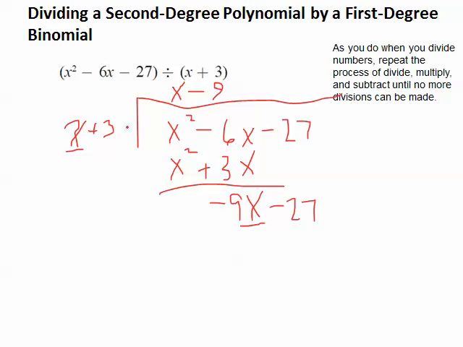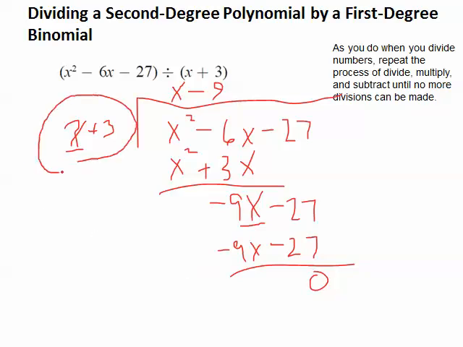When I multiply negative 9 times x, I get negative 9x, and when I multiply negative 9 times 3, I get a negative 27. Now when I subtract these, I get 0. That becomes my factor that I just found by long division.